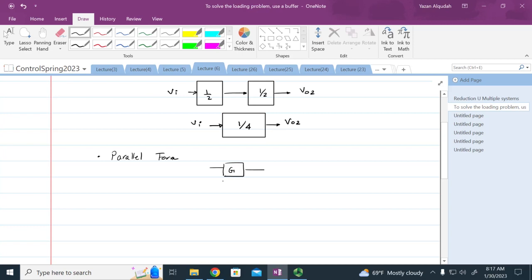We can have a G1, G2, and G3. And we can add them all together, subtract them, or have any different signs. So it could be positive or negative, positive or negative. And if I have an R, what is the output C of S going to equal to?